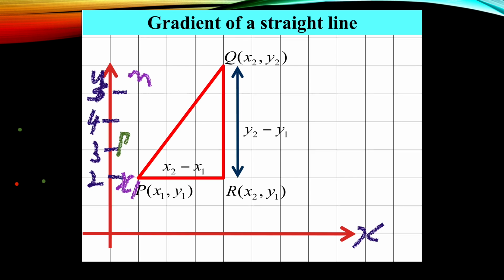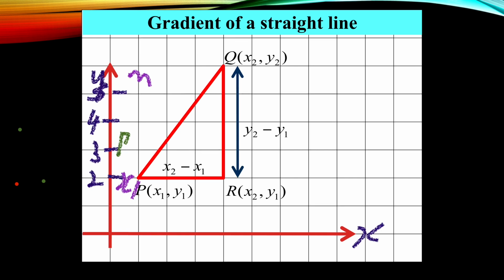If it is going up, then you have to leave it positive. Alright, so you look at point P and point Q, and you try to work out the gradient. The coordinate Q is 6 minus 2, that is 4.